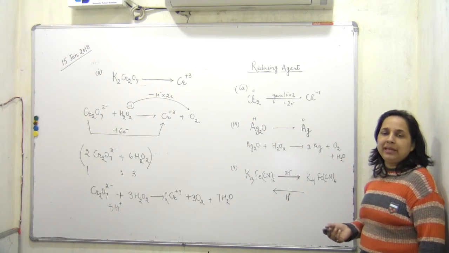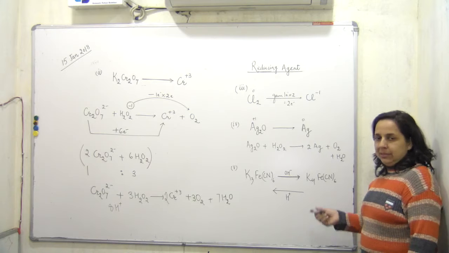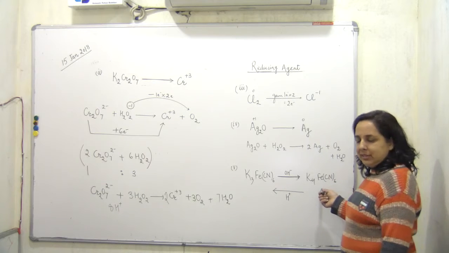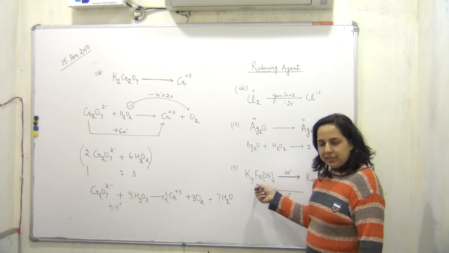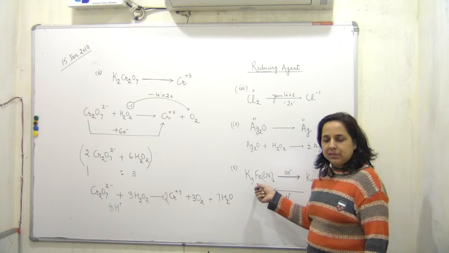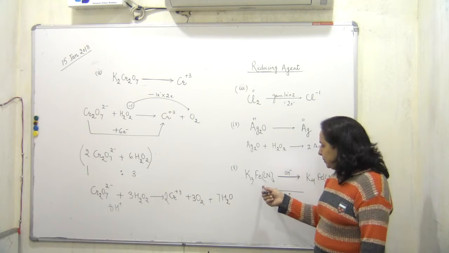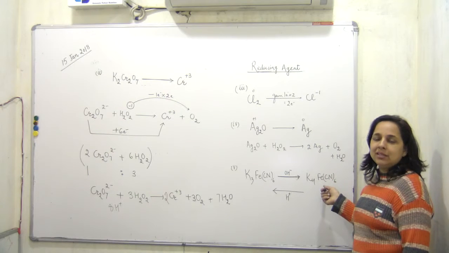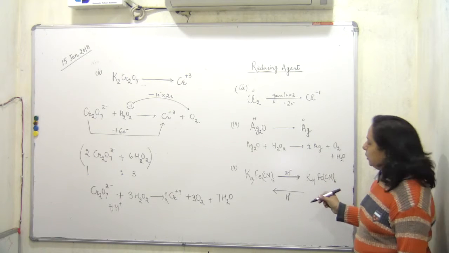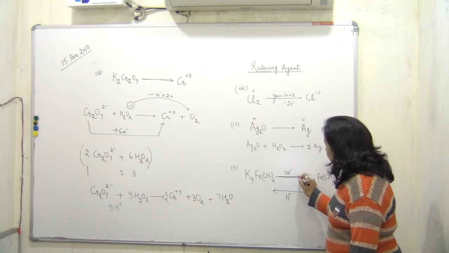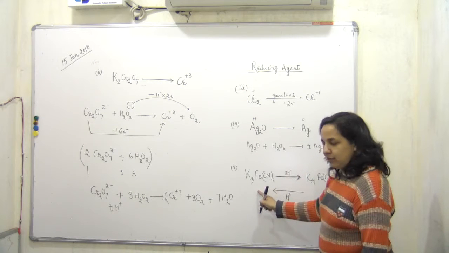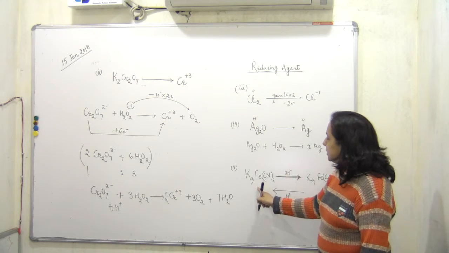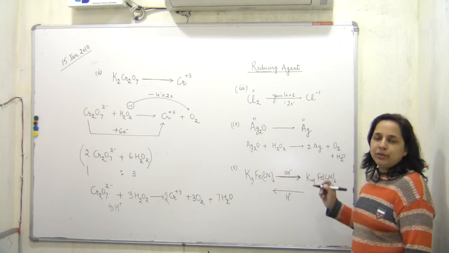It's a reversible reaction. Earlier you did K4Fe(CN)6 can be oxidized to K3Fe(CN)6 by hydrogen peroxide in acidic medium. Now I am saying that K3Fe(CN)6 can be converted to K4Fe(CN)6 in basic medium. So in acidic medium, ferro to ferri conversion is possible, and in basic medium ferri to ferro is possible.